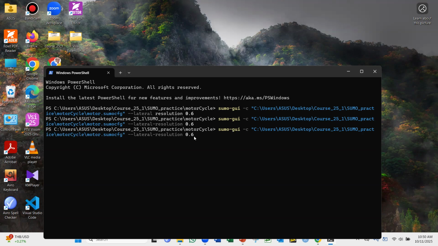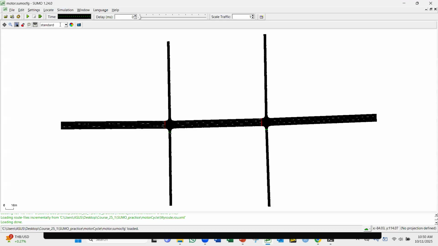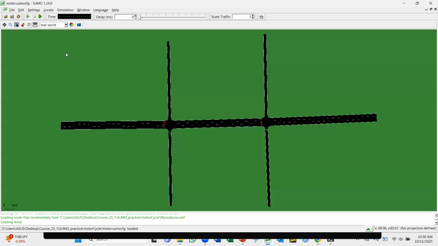more granular sublane behavior it will have for motorcycles. So for optimality, I use 0.6 here and I write this in the Windows command prompt, then run it. My model is open in the SUMO GUI.